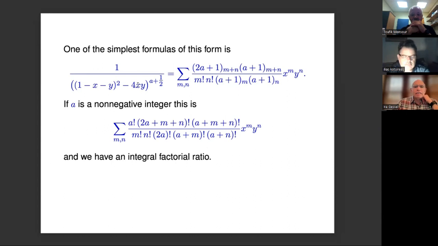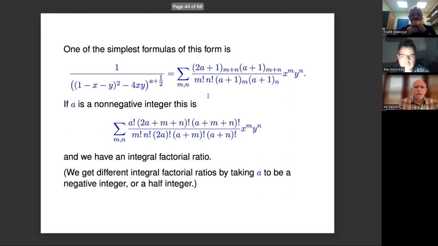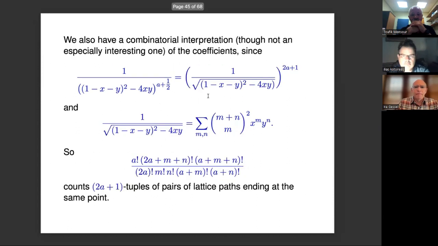That's because, well, I'll show on the next slide that it will be clearer. It's because the thing that we're raising to the a plus a half power, well, if we take the square root of that, so that we're raising something to the 2a plus 1 power, that thing inside, we have a nice explicit formula for the coefficients.